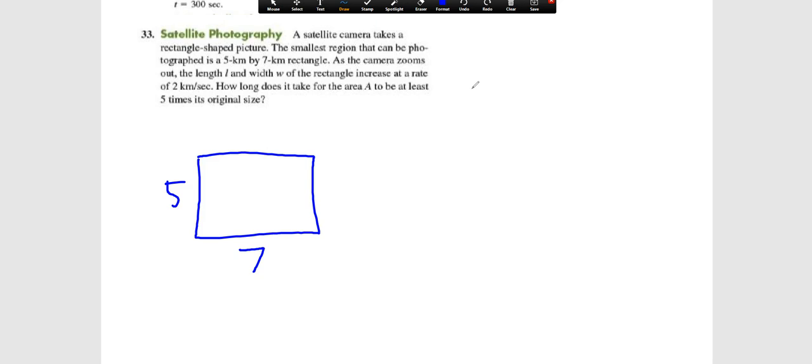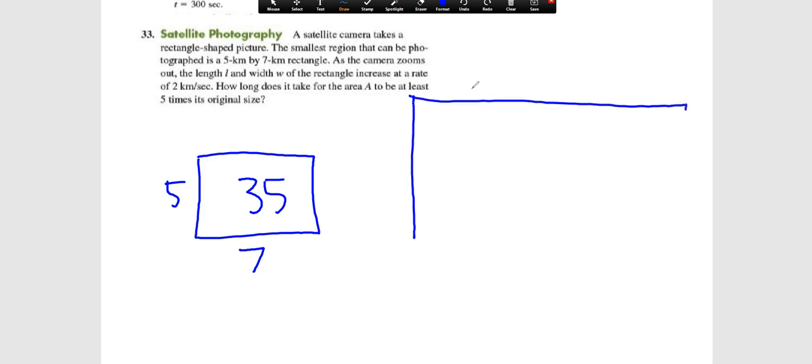What was the original size? 35. Good job. All right, now we're going to a larger size rectangle, right? 2 kilometers per second.